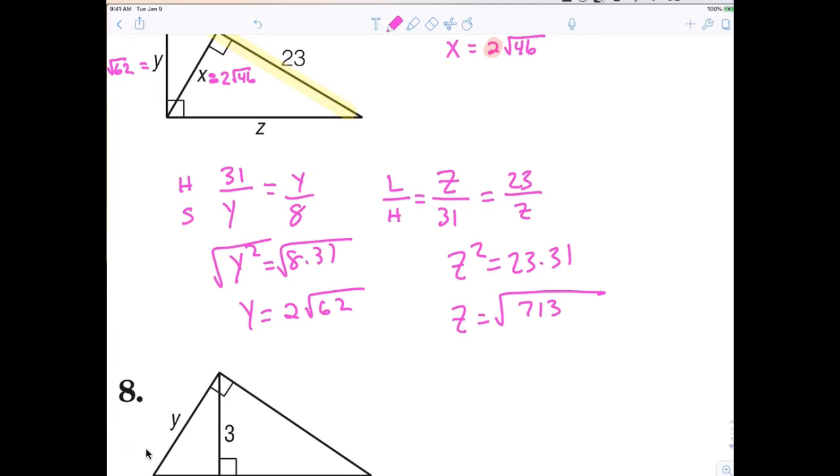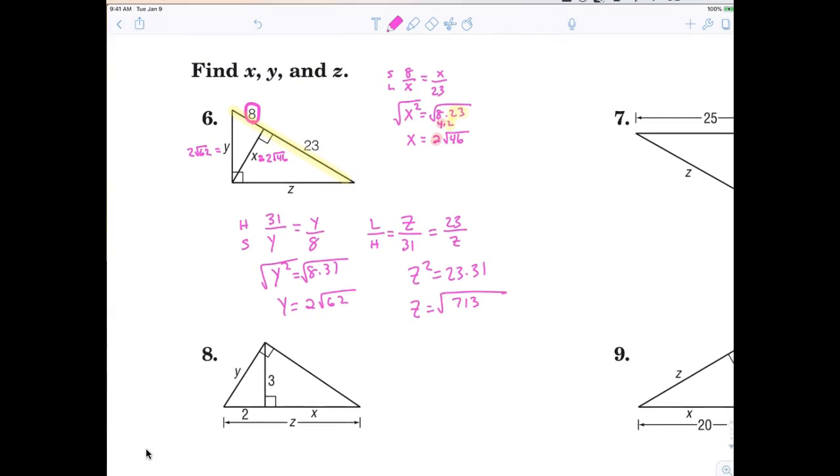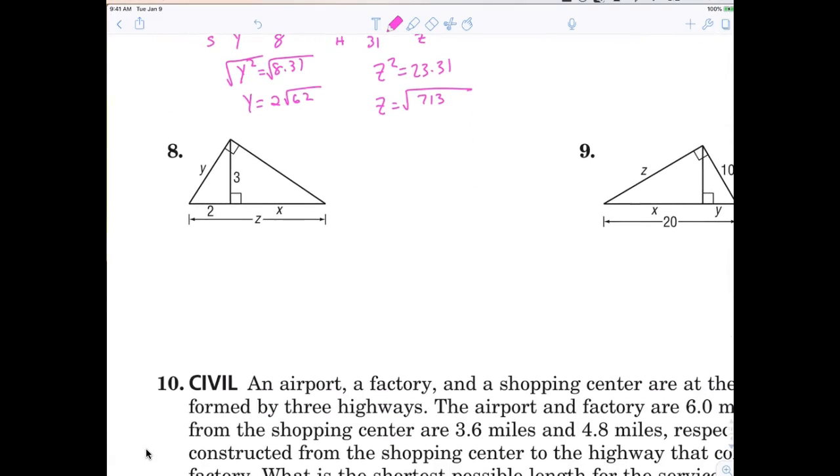What it corresponds to. That's exactly right. You're always setting it up to what it corresponds to. Now, again, it was just kind of nice because I avoided the 2 radical 46 and the 2 radical 62. Is everybody agreeing that's not that bad? Yeah. All right, so let's continue on, guys. Let's check out 8. Let's just do 8 together.